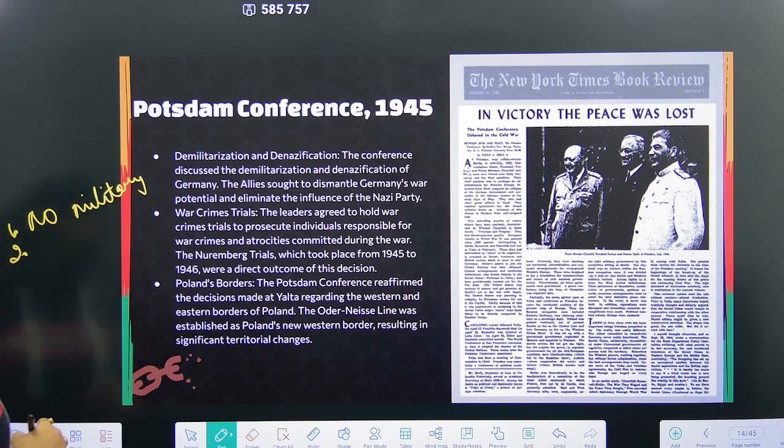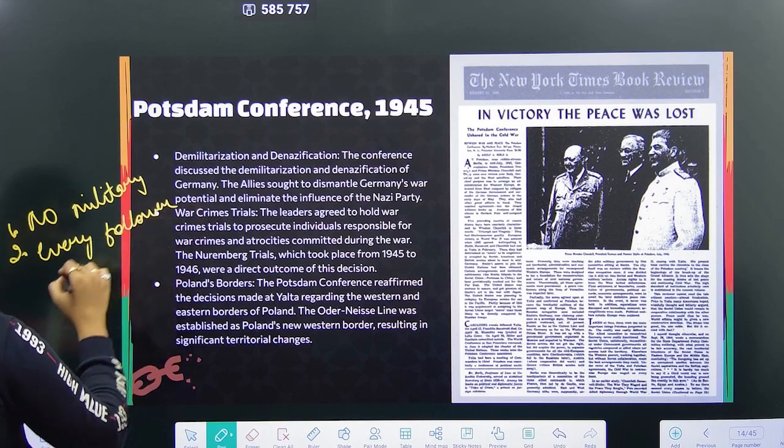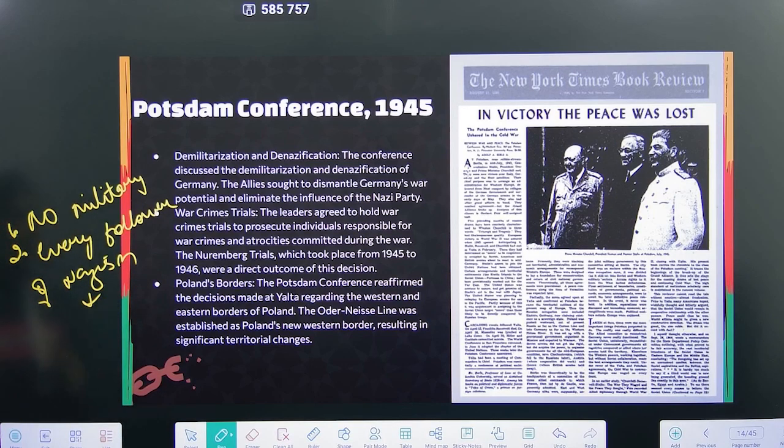And denazification: every member or follower of Nazism was kept in check, and this ideology was completely removed from Germany. The Allies sought to dismantle Germany's war potential and the influence of the Nazi Party.